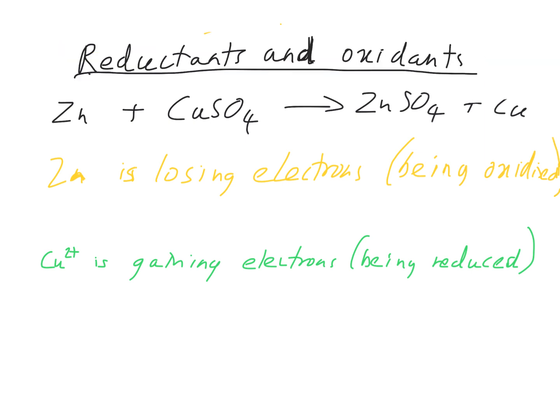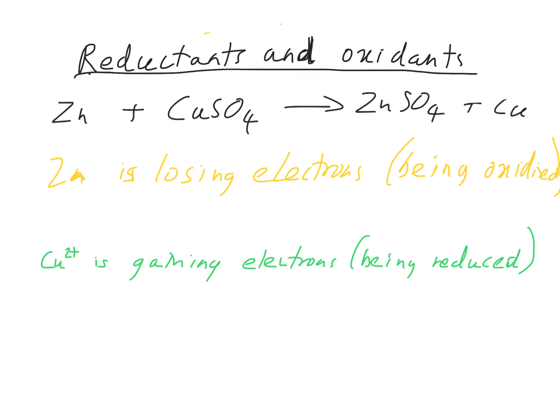We're going to take this one step further and bring in a little bit more terminology, and those are the words reductant and oxidant. So zinc is here losing electrons, right? It's being oxidized. If zinc is being oxidized, zinc is kind of allowing copper to be reduced. By being oxidized itself, zinc is allowing copper to later be reduced.